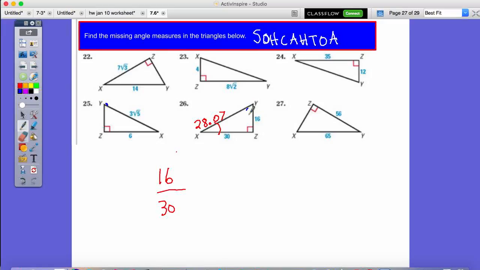To check, angle y. Now the side opposite angle y is 30, and the side adjacent to angle y is 16.